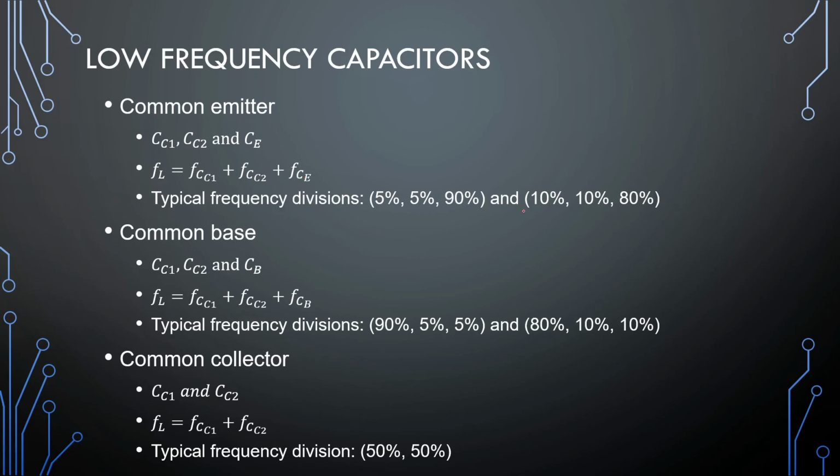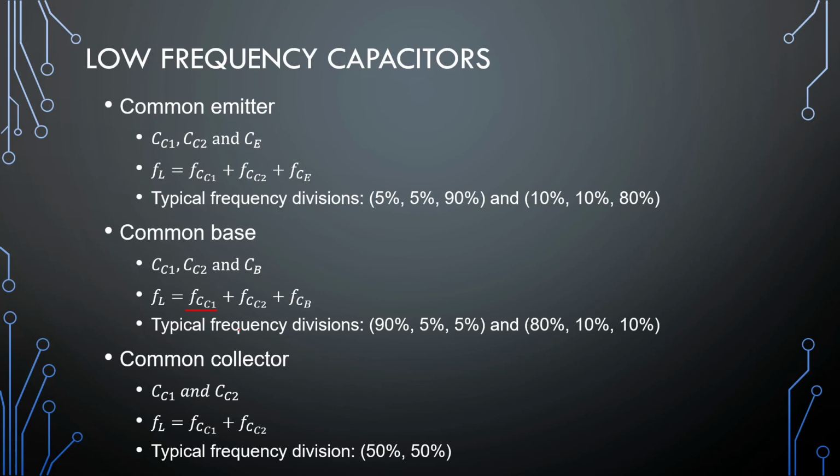So there are typically ratios like these. For the common base, your coupling capacitors are again low frequency, and then the capacitor used at the base is also a low frequency capacitor. Now, typically, the one carrying the most weight when designing in the common base would be the input capacitor, and since you typically match the input and the load of a common base, this is a typical place to put it, and that is a very low resistance in any case.